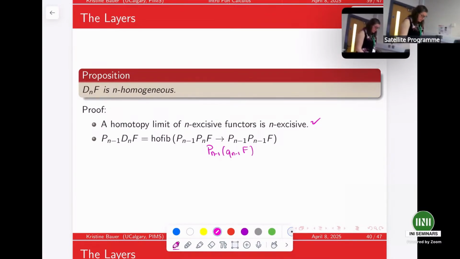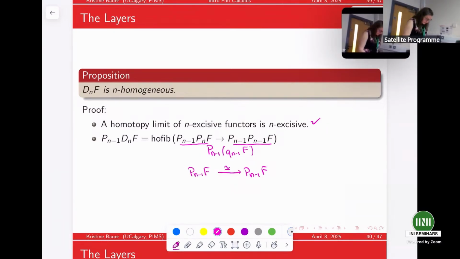This is the n minus first approximation of an n minus 1 excisive functor, so this one is just Pn minus 1 f. This is the n minus 1 approximation of a degree n functor, which it turns out is also Pn minus 1 f. This map is an equivalence, so its homotopy fiber is contractible. So it's homogeneous.